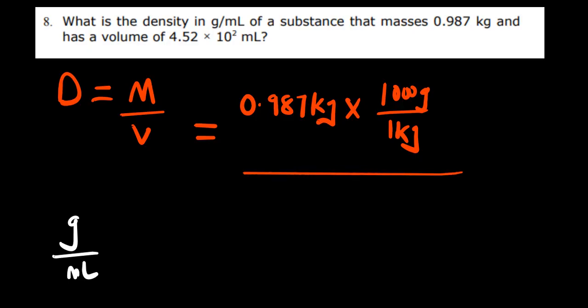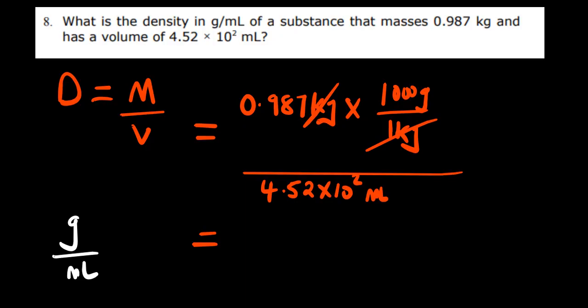What is our volume? The volume we've been given is 4.52 times 10 to the power 2 mL. Since it's already in mL, there's nothing much we're going to do about the volume. So when we solve what is on top, the 1 kg and the kg can divide. Then we multiply what is on top. When 1000 multiplies by this, it just means the point is going to move.